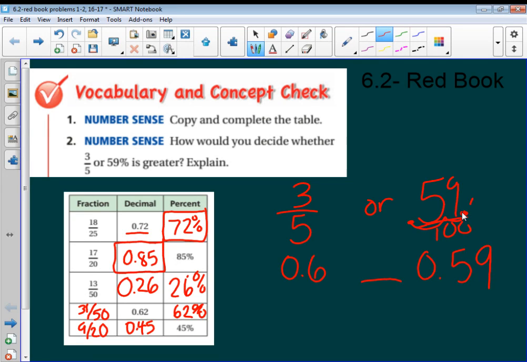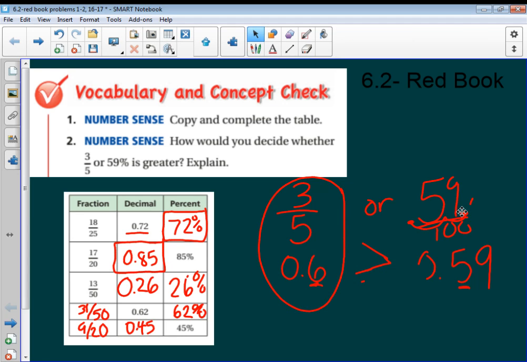And now I compare decimals. I look at my tenths place. I have a 6 and a 5, and 6 is greater than 5. So that is my answer: 0.6, or 3/5, is greater than 59% or 59 hundredths.